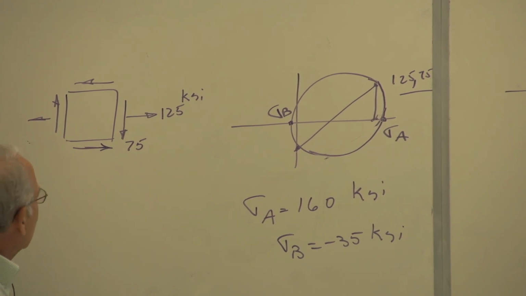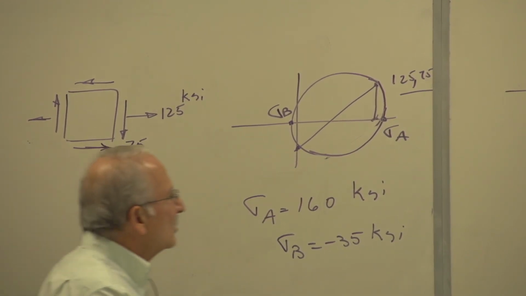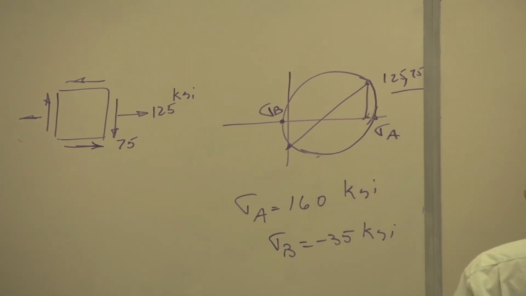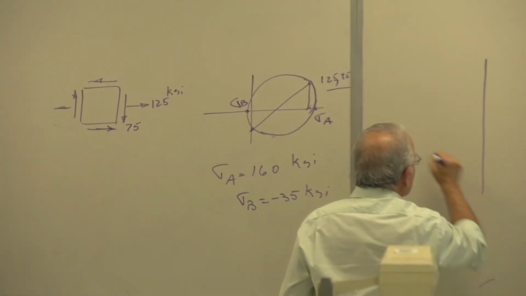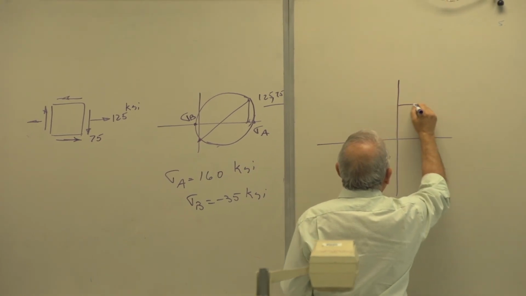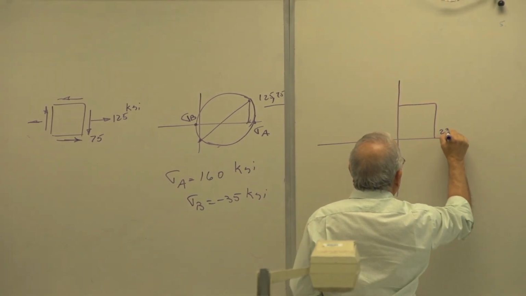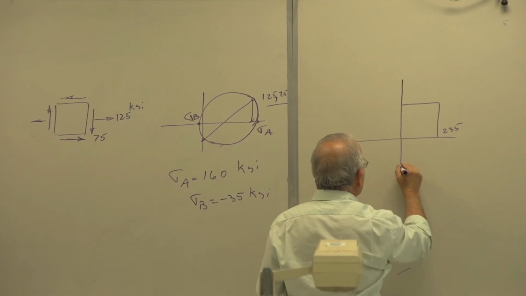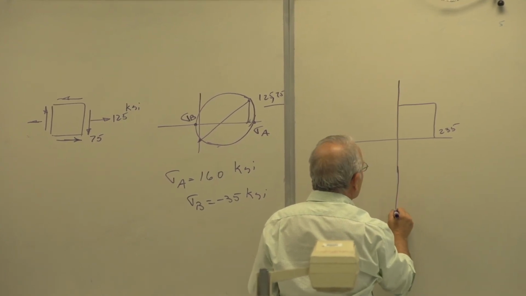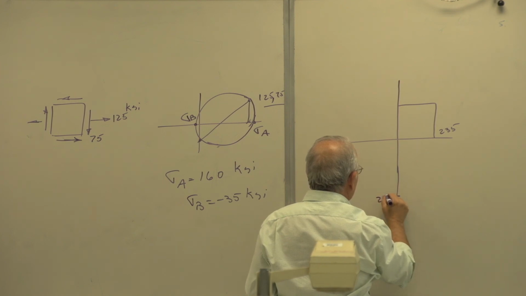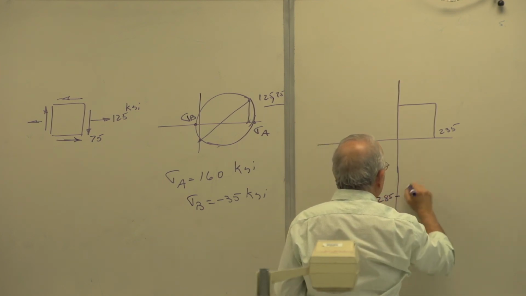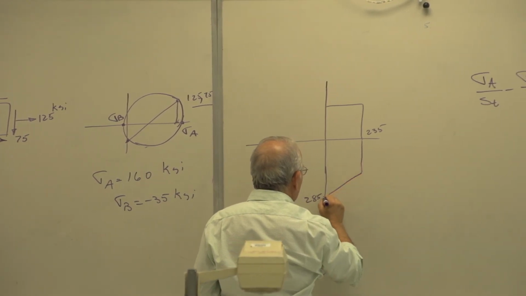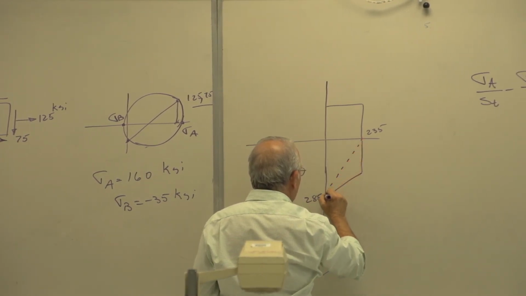Okay, then we do the Mohr theory for ductile materials. In other words, this 235, 285, modified Mohr, Coulomb-Mohr.